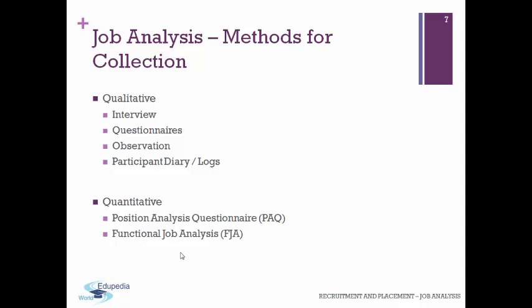If your job doesn't have any analytical responsibilities, then you obviously put NA or a 1, depending on which is more relevant. That's how the PAQ works, and then this is compared to find out how exactly it weighs against the other jobs.